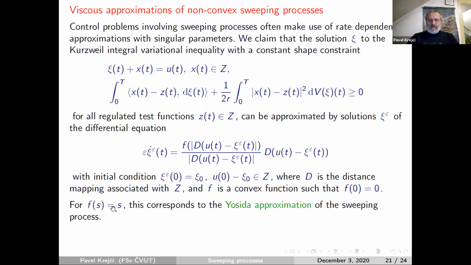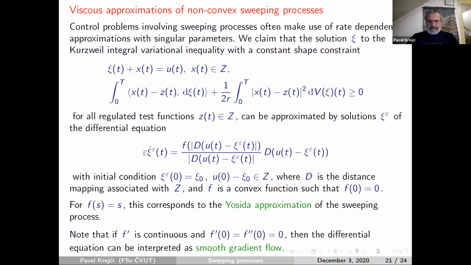A typical example would be F of s equal to s. This would be the Yoshida approximation. And the goal is to let epsilon tend to 0 and prove that in the limit we get the solution of the Kurzweil integral variation inequality, which is almost true.